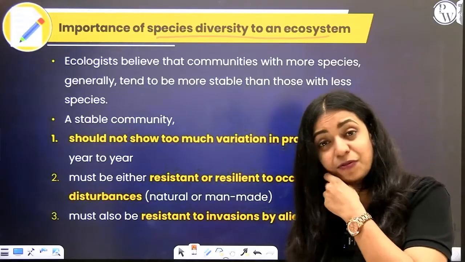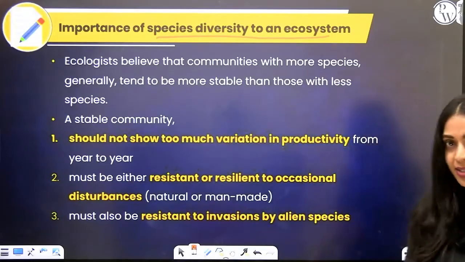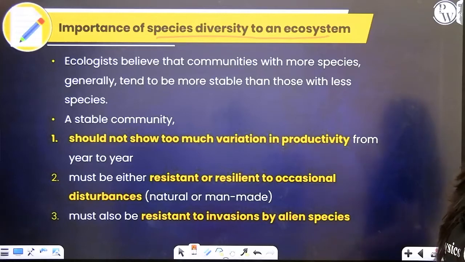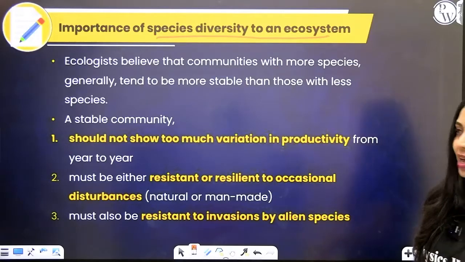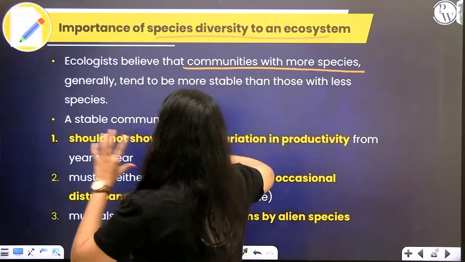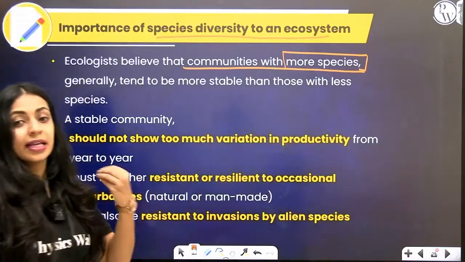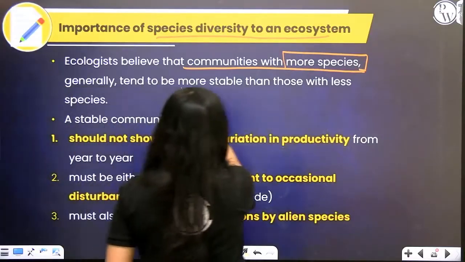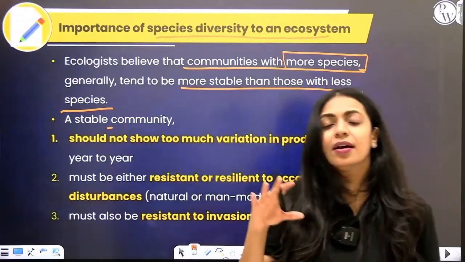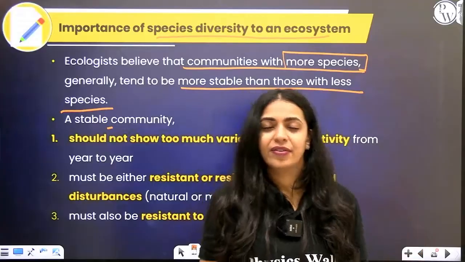Many ecologists have performed several experiments and done a lot of research and studies regarding the stability of an ecosystem. Ecologists, based on their studies, have come to a conclusion that whichever communities have more species tend to be more stable than those with fewer species. If you consider two areas, in one area you have 50 different species of plants, in another area you have 5 different species of plants.